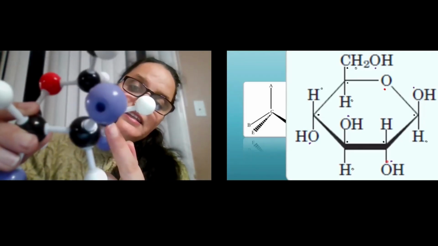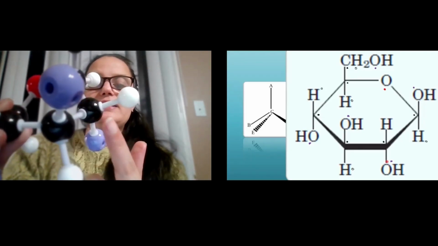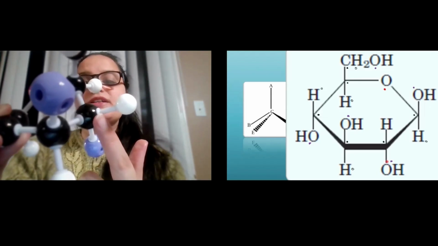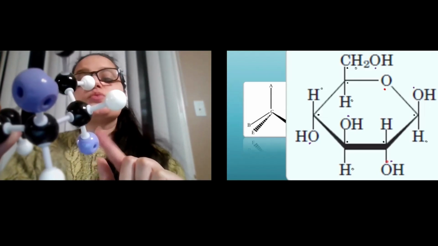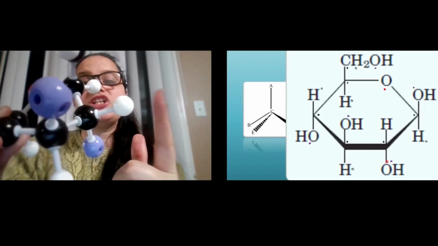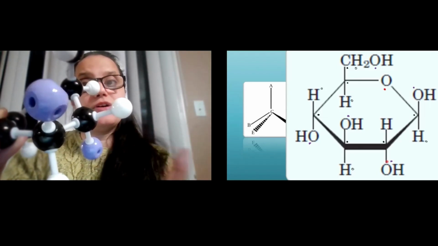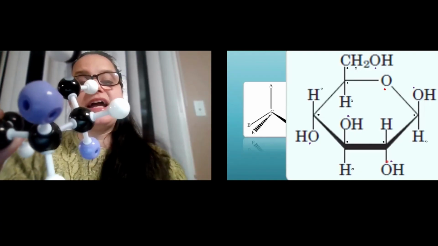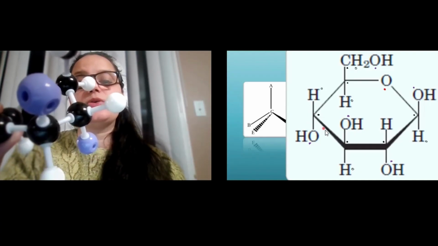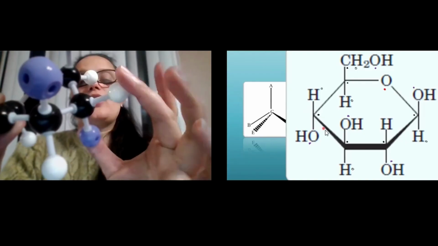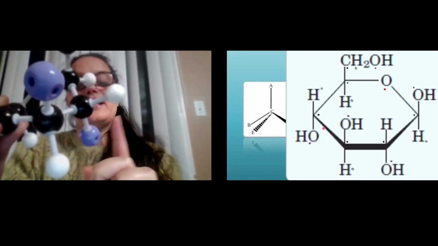Then you will notice that even on this carbon, OH is pointing downwards and H is pointing upwards, but at an angle of 109 degrees, not 180 degrees, no straight angle, just an obtuse angle over here, right?